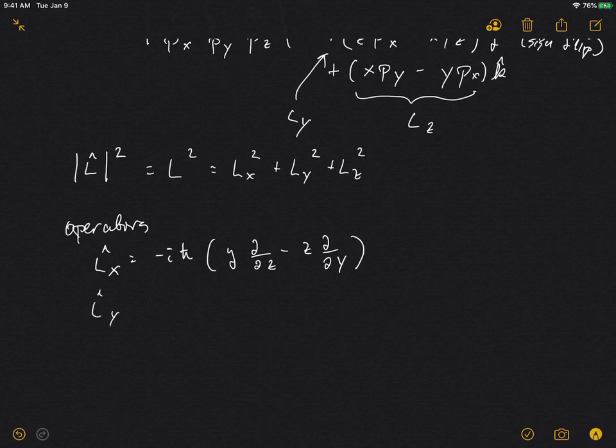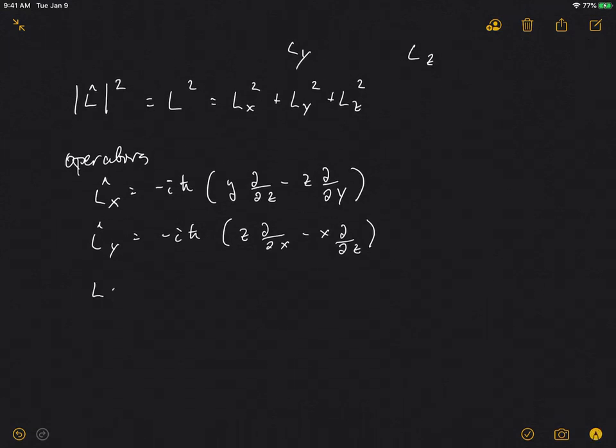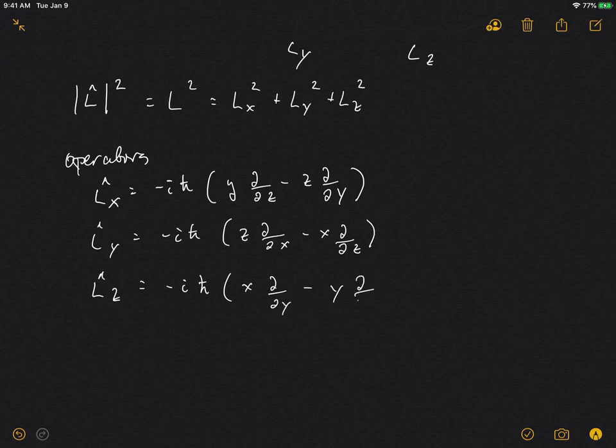L_y is minus i h bar (z d/dx minus x d/dz), and L_z is minus i h bar (x d/dy minus y d/dx).